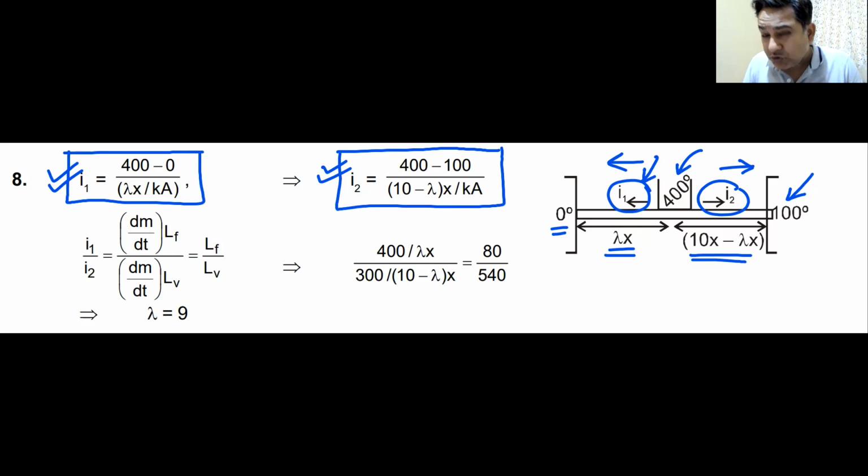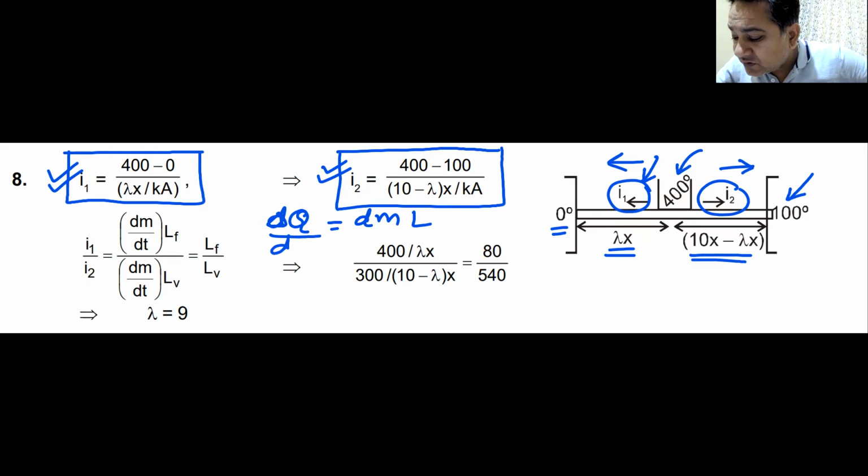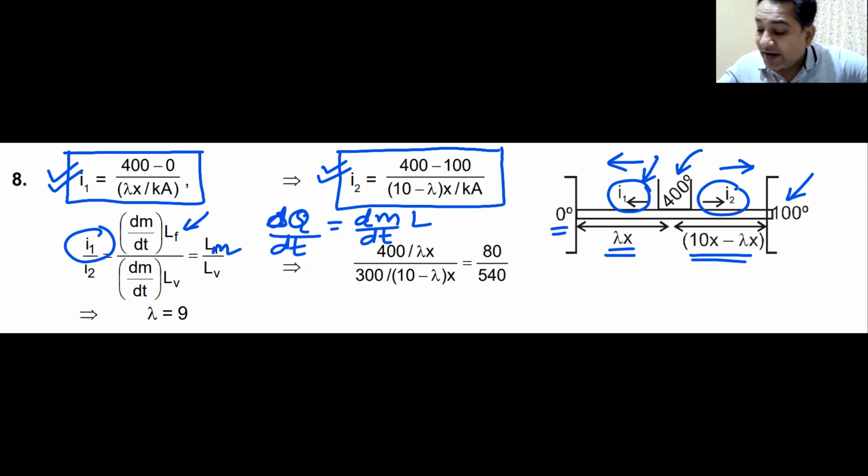The heat required to evaporate or melt, dQ, is dm into L. So dQ by dt, which is your heat current, will become dm by dt into L. Then I1 becomes dm by dt into latent heat of melting, Lm, and I2 becomes dm by dt into latent heat of vaporization, Lv.